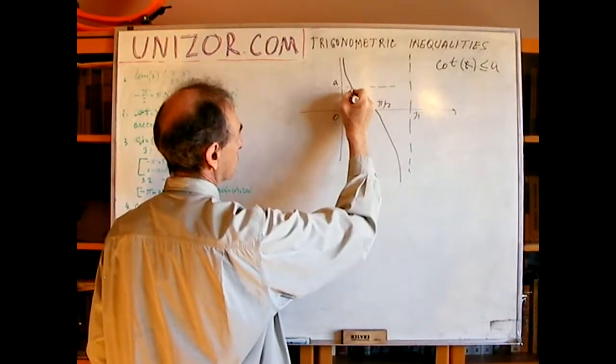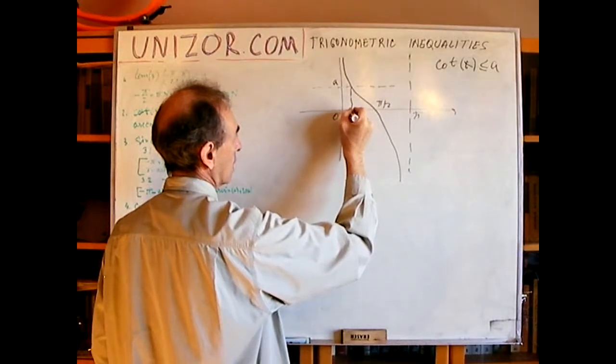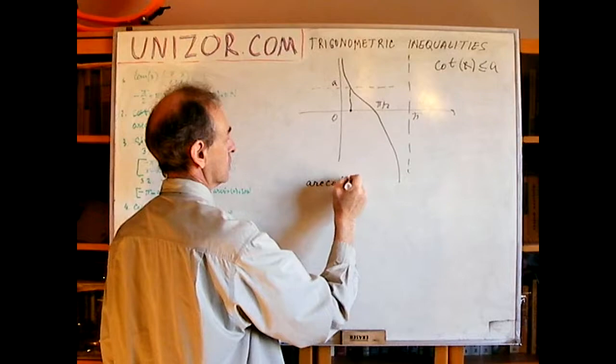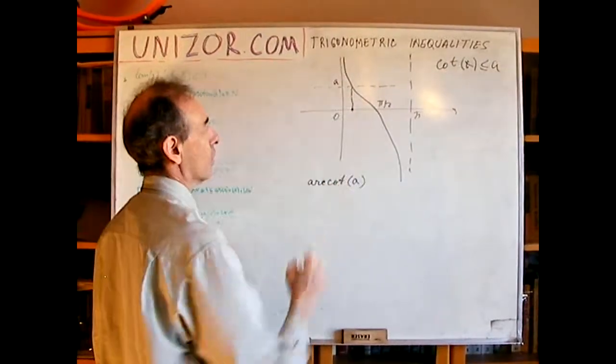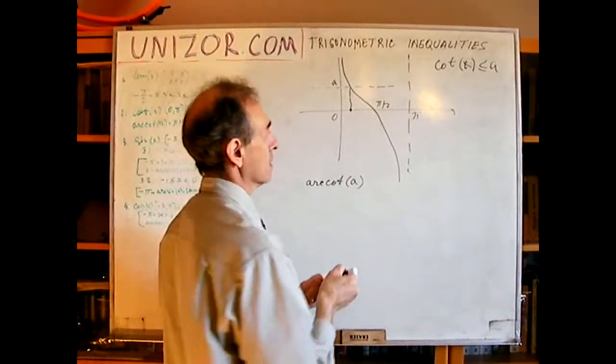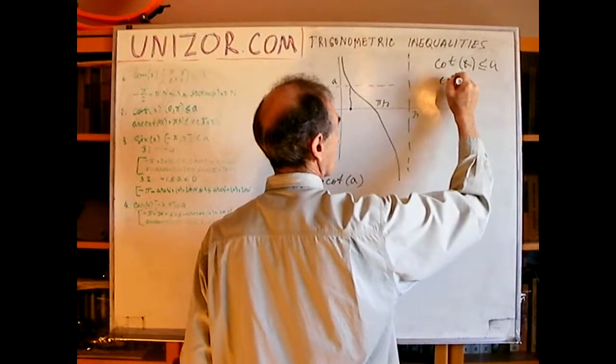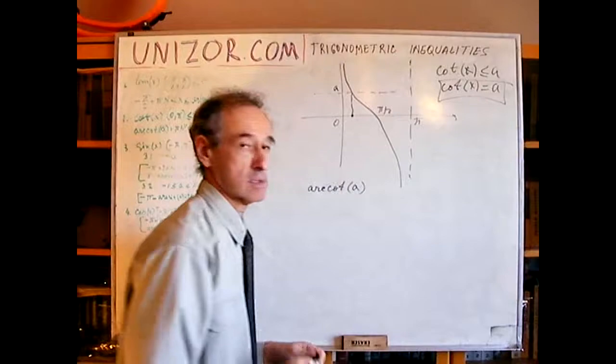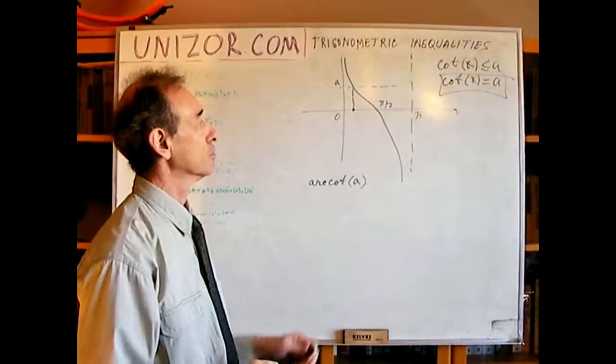So this point is arc cotangent of a. One and only point where the equation has the solution. This is the solution.